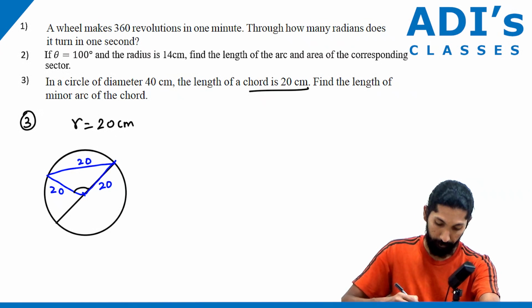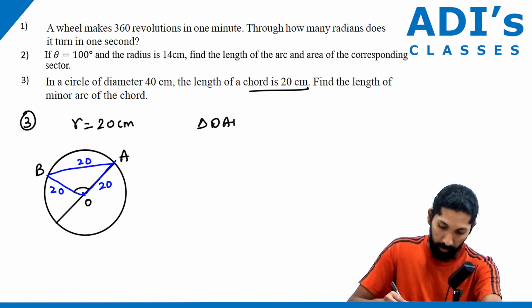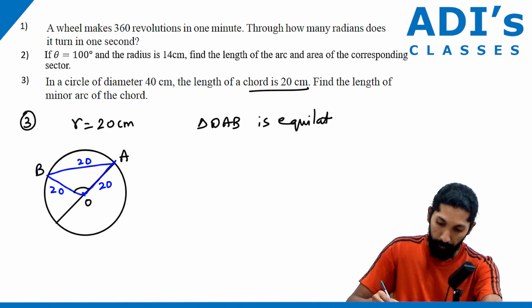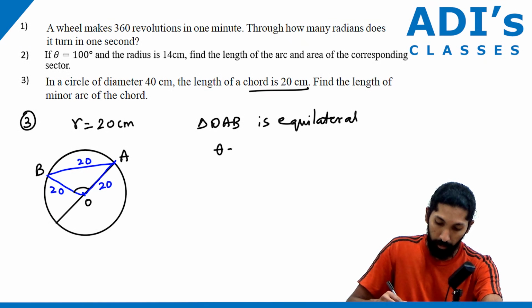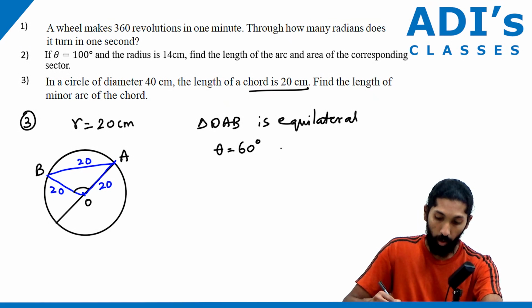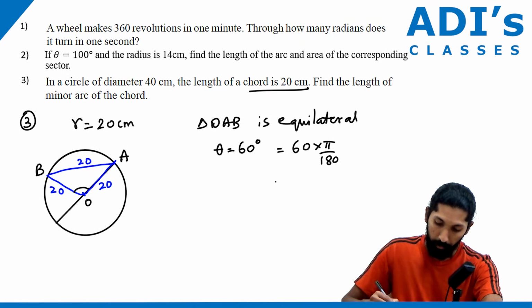Correct. So here we can say OAB. So triangle OAB is equilateral. Since this is equilateral, theta is going to be 60 degree or 60 into pi by 180, which is going to be pi by 3 radian.